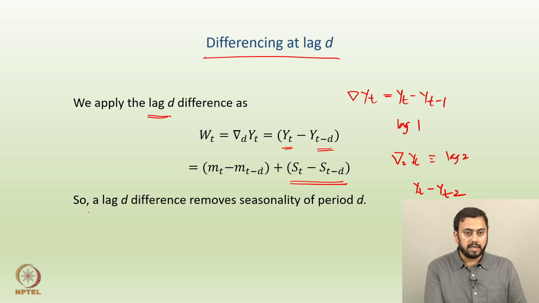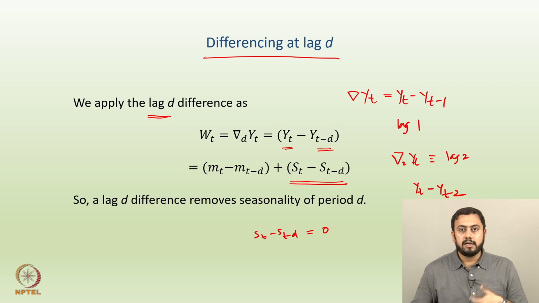As a small comment, a lag d difference removes seasonality of period d. Here you do not see any st minus st-d, because it would be 0.